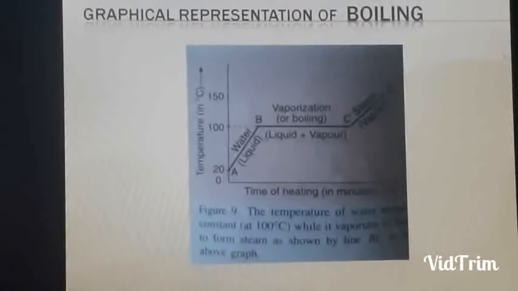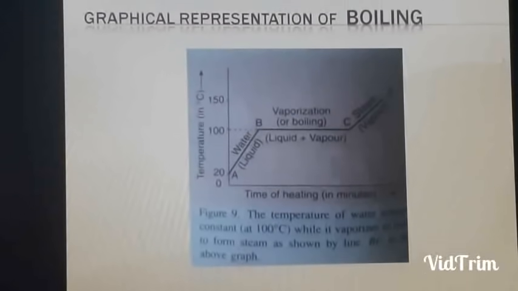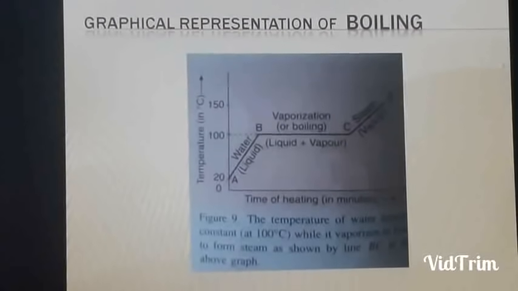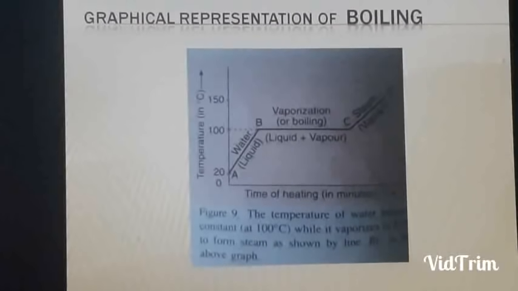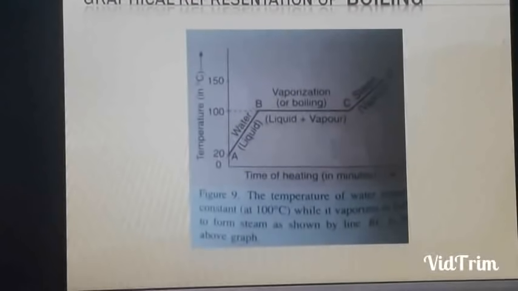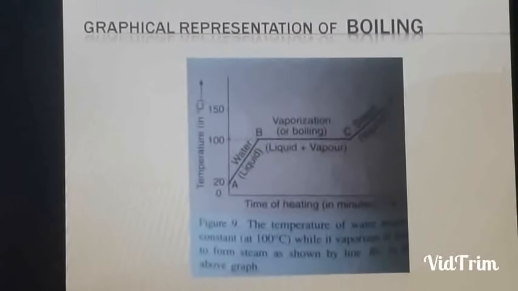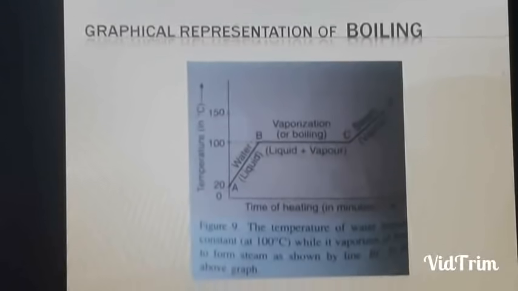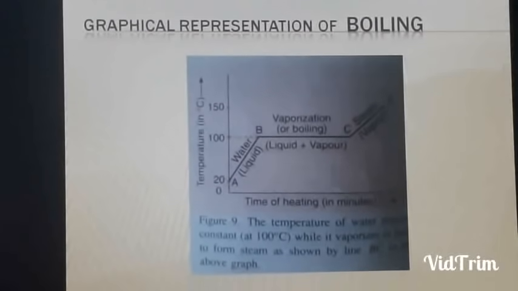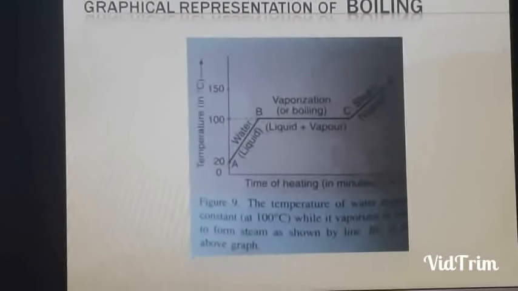So now during this journey of ice getting converted to water, water getting converted to water vapor, we have observed we are continuously supplying the heat. But in spite of supplying heat, the thermometer stops 2 times. How many times? 2 times.